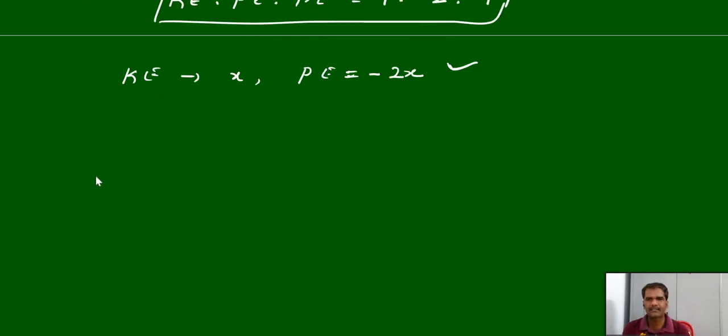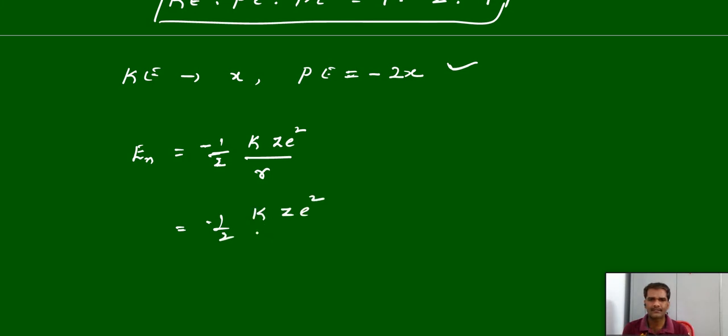Here we see the further calculations. We got the total energy. Let me take it as energy. Total energy is equal to minus 1 by 2 K Z E square by R. This value we got finally. What is R? R is the radius. Now you substitute the radius value. What is the radius? That is n square h square by 4 pi square m K Z E square.